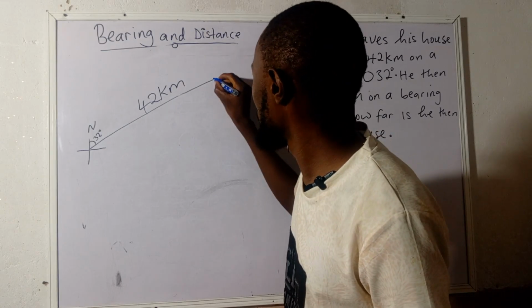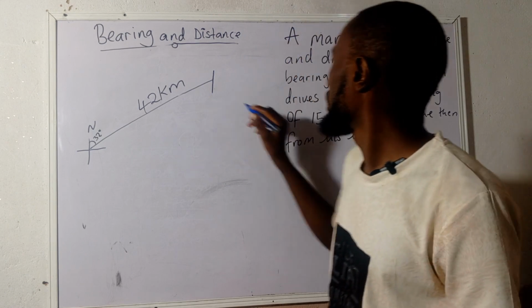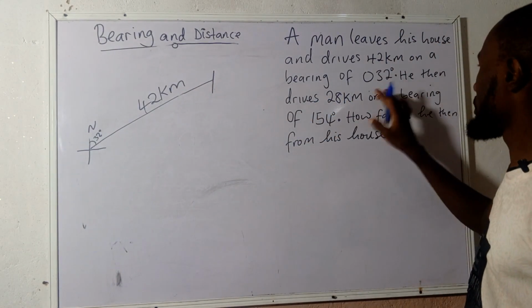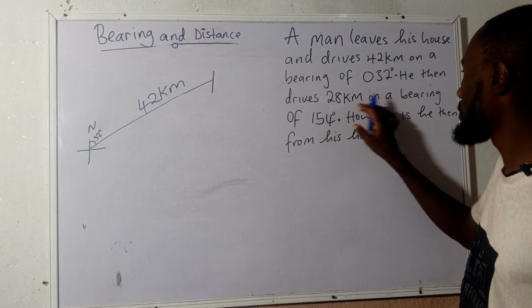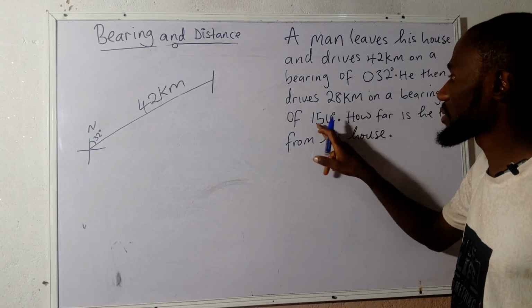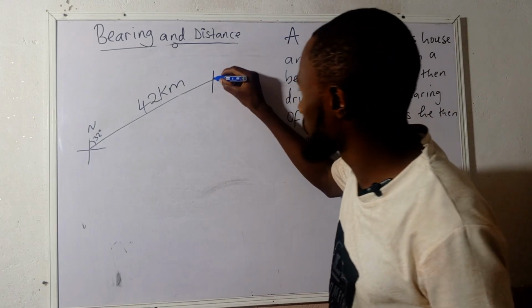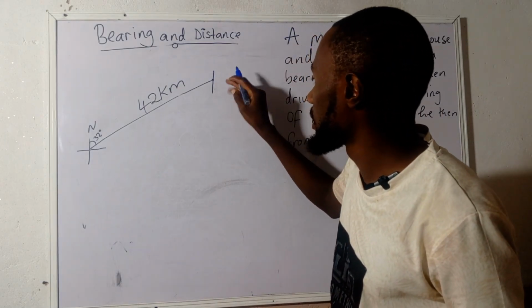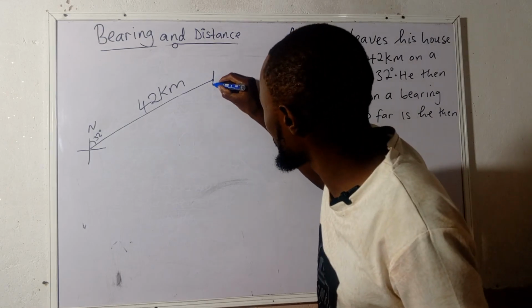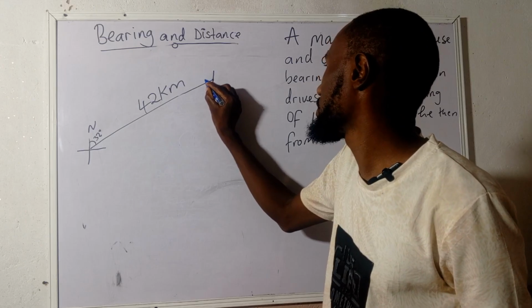He then stops. After he forms an angle here, he then drives 28 kilometers on the bearing. We consider the bearing first before the distance: 154 degrees. After he reaches this point, he again drives. Let's look at the angle he makes after he reaches this stage.